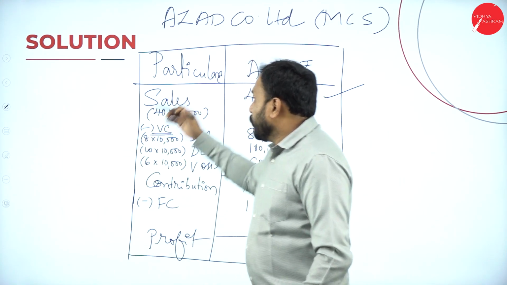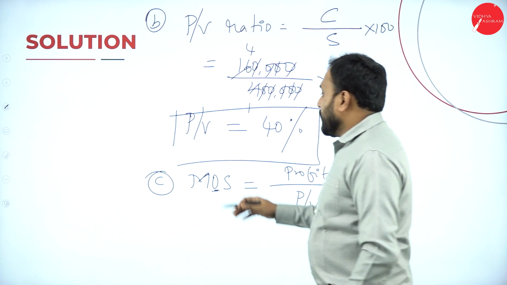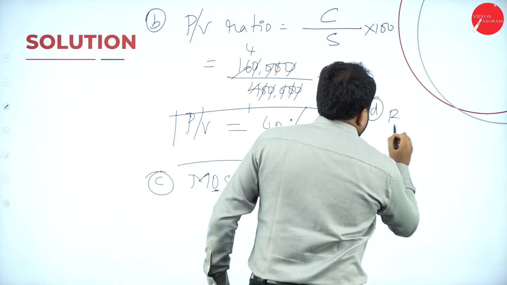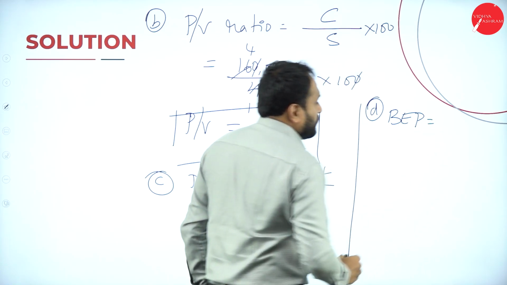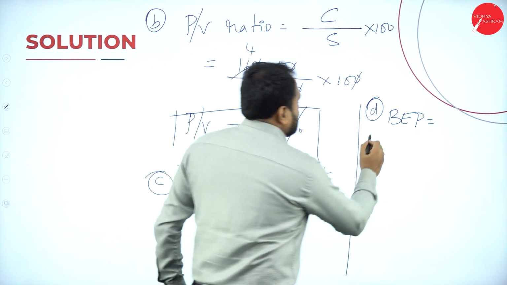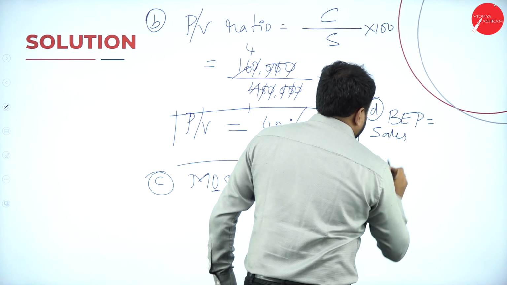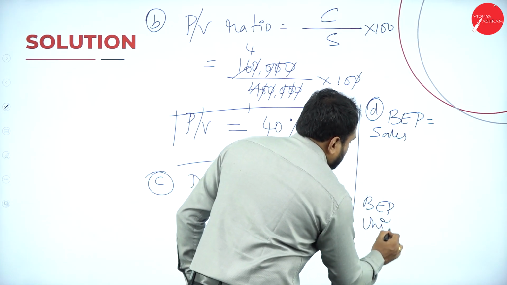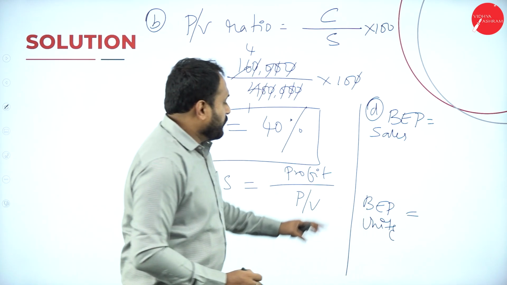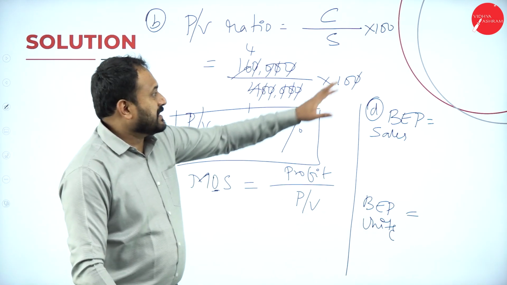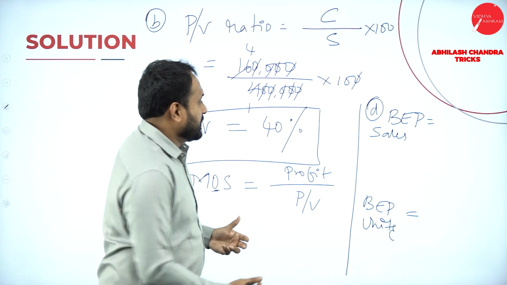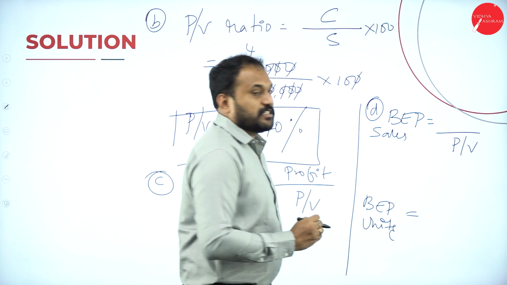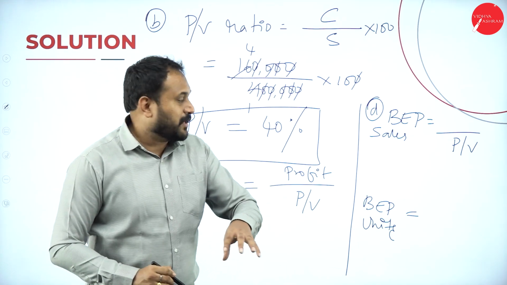When we go with these kinds of things, understand, MOS is this, and we are supposed to go with D. BEP is equal to, let's go with sales first, then we will go with BEP in units. For all these, again the same formula, that is Abhilash Chandra tricks. BEP also has PV in the denominator.